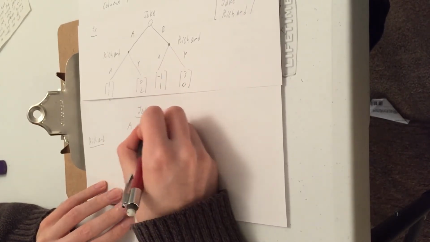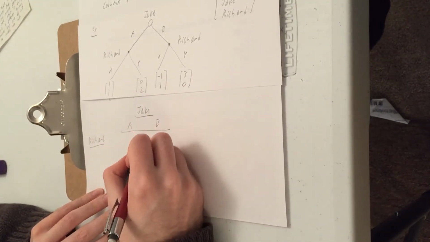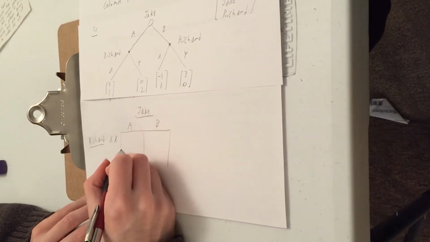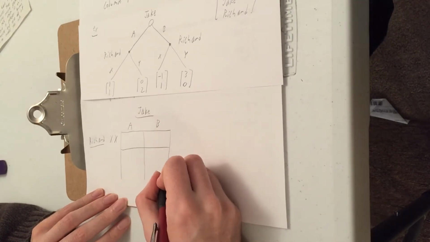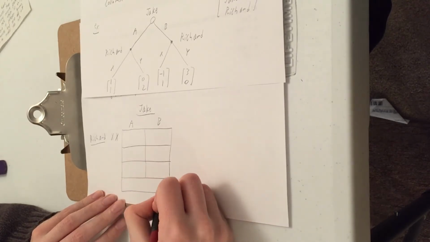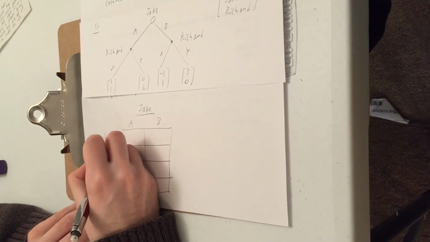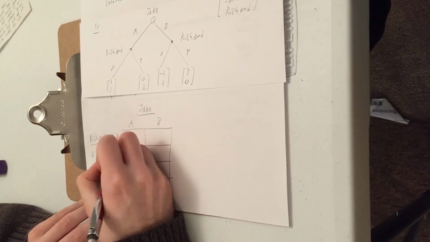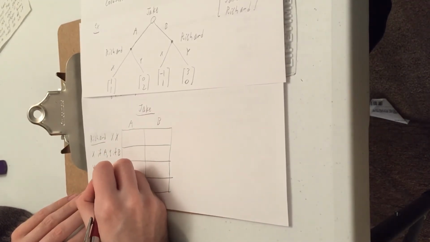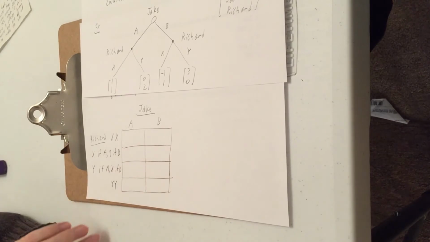So Jake can play A or B. So I write XX for X of A, X of B. And here's X of A, Y of B, and there's also Y of A, X of B, and there's YY.